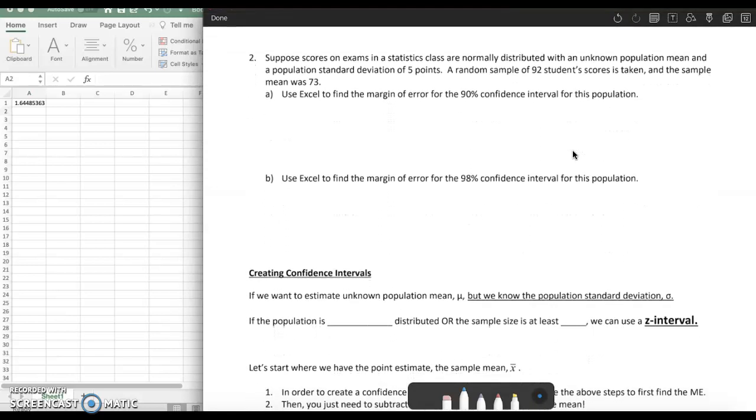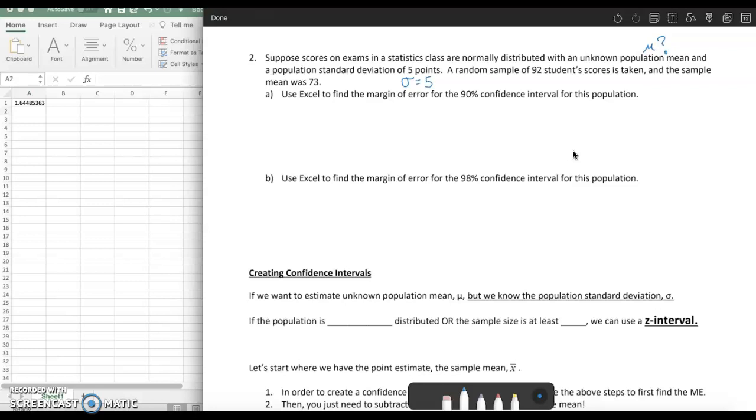So suppose scores on exams in a statistics class are normally distributed with an unknown population mean. So we do know that we're working in a normal distribution. We don't know what mu is. We don't know the population mean, but we do know the population standard deviation is 5 points. So we do have that sigma is 5.